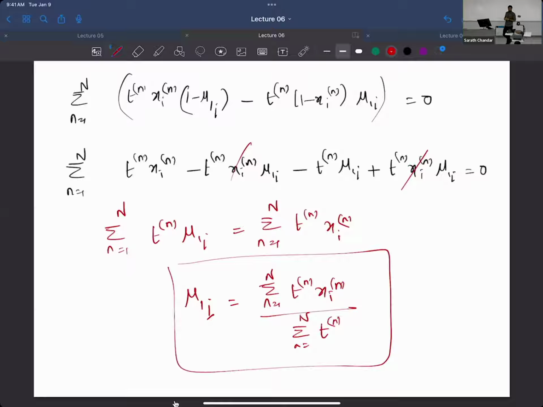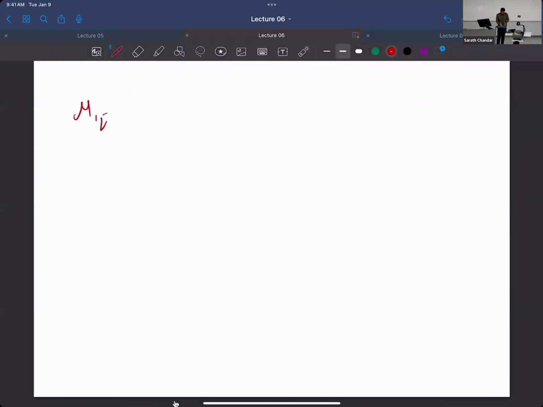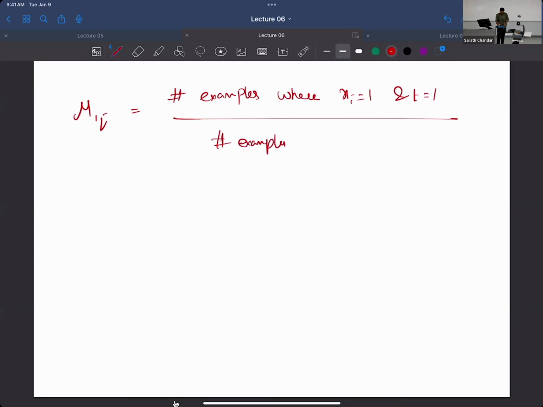So even though it looks complicated, when you implement this, it's simple counting and setting up mu 1i directly. Is that clear? Intuitively, mu 1i is equal to the number of examples where xi is equal to 1 and t is equal to 1, divided by the number of examples where t is equal to 1.